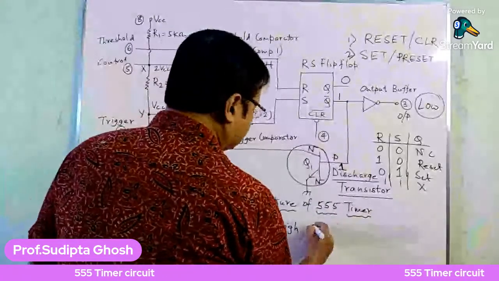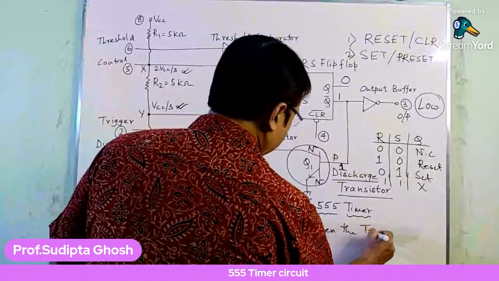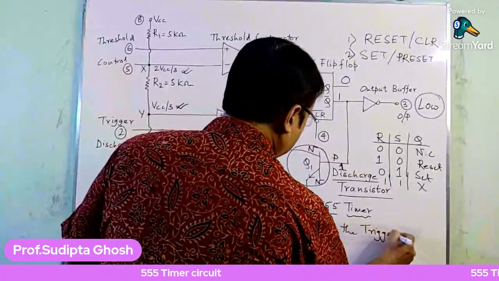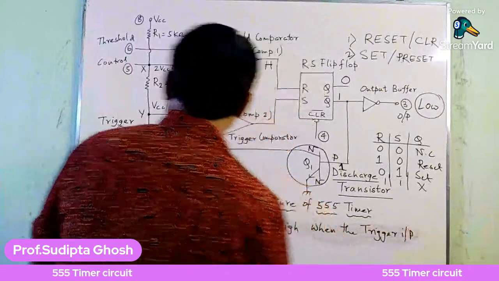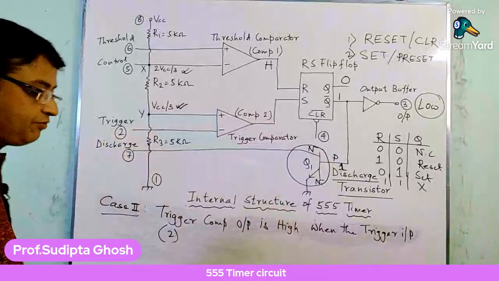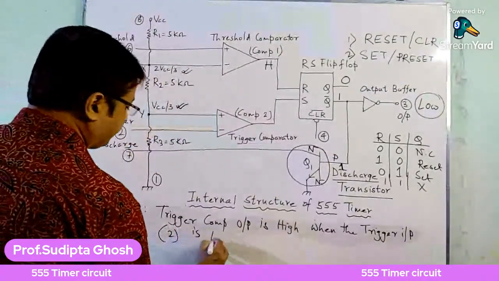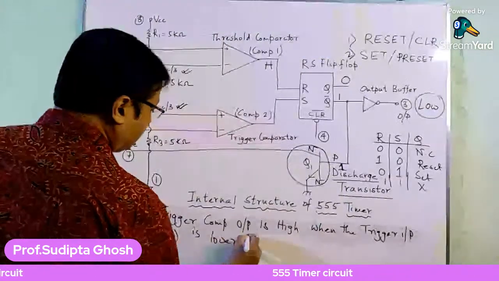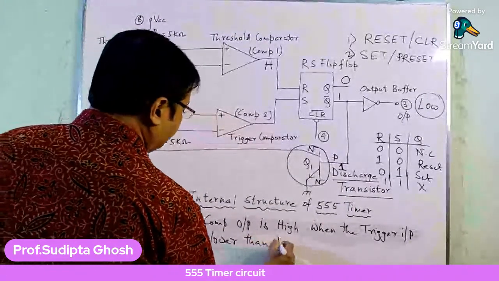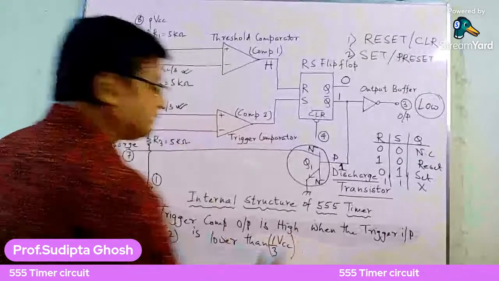It happens when the trigger input, which means pin number 2, is lower than 1/3 VCC.